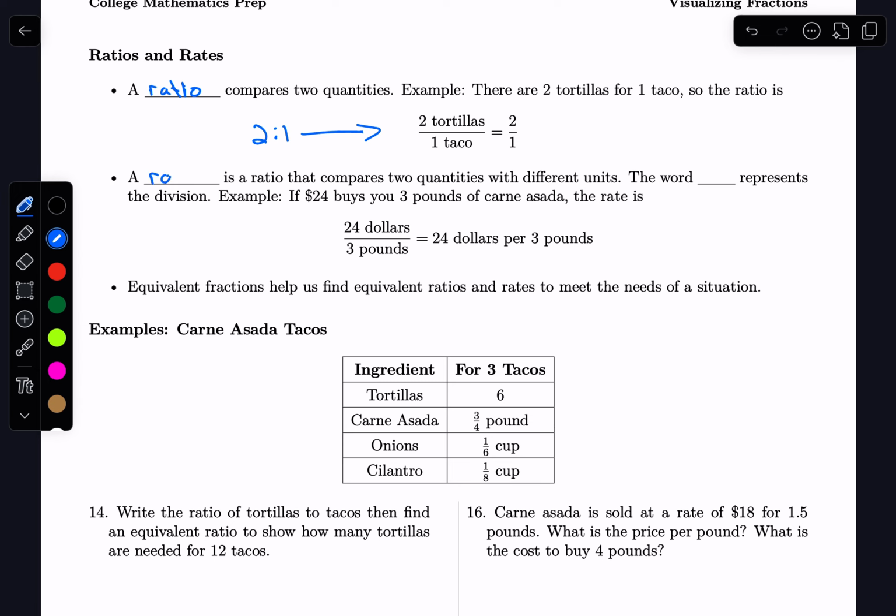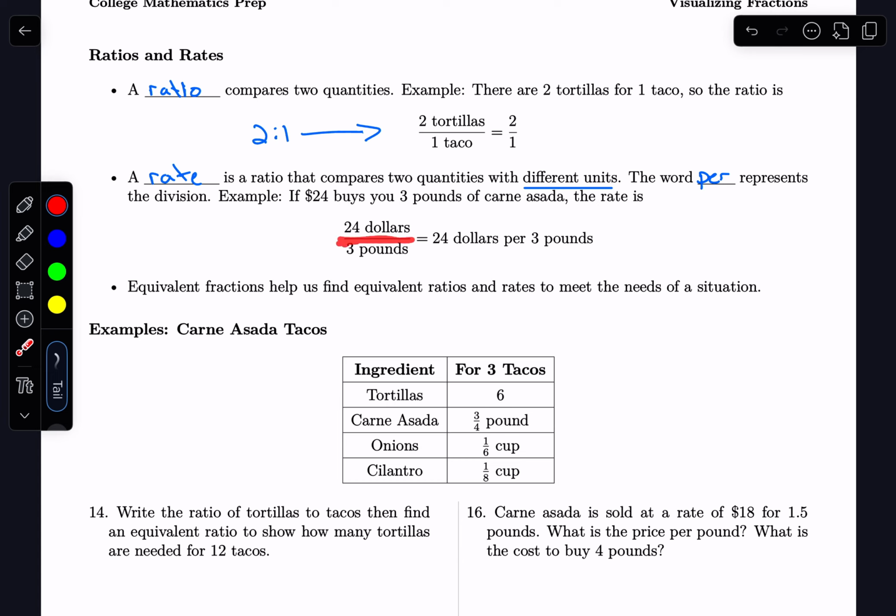A rate is very similar, but a rate is a special type of ratio that compares two quantities with different units. Specifically, we need the units to be different because then we're going to get this word per that shows up. So the word per represents the division. For example, if $24 buys you 3 pounds of carne asada, we would say that the rate is $24 per 3 pounds of carne asada.